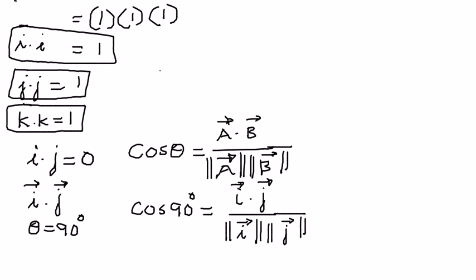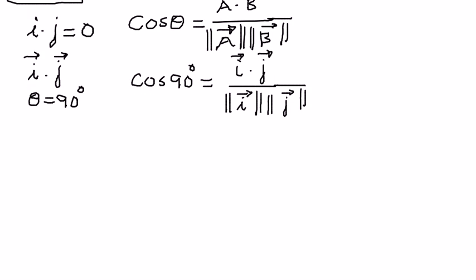And therefore we can now say vector I dot vector J is going to be equal to the magnitude of vector I times the magnitude of vector J times cosine 90 degrees.